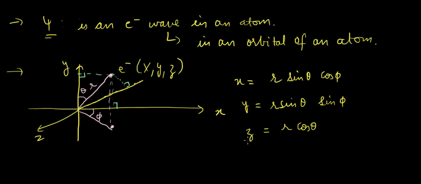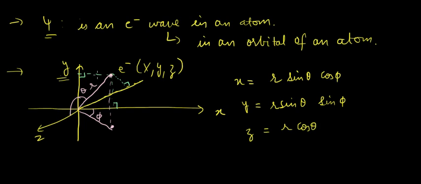A few seconds back I might have termed this angle theta as being with the y-axis, but it is not with the y-axis. This is actually with the z-axis. For better understanding, let us make some changes here.